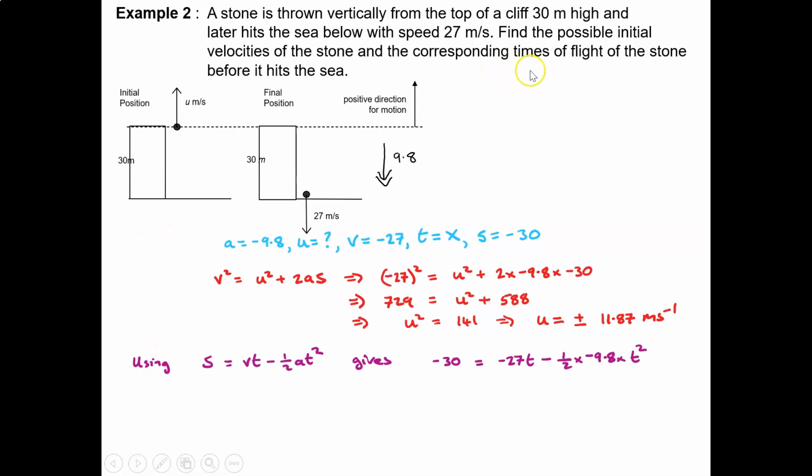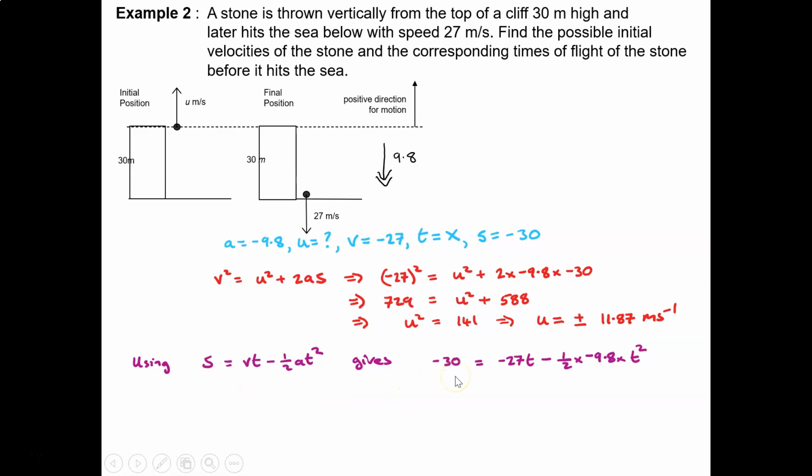Now, we need the times for each of these for the stone before it hits the sea. Now, we could use a different equation, but if we use this equation, we are not using the u. We are not having to do the equation twice. So we can use s is equal to vt minus a half at squared. U doesn't come into the equation at all.